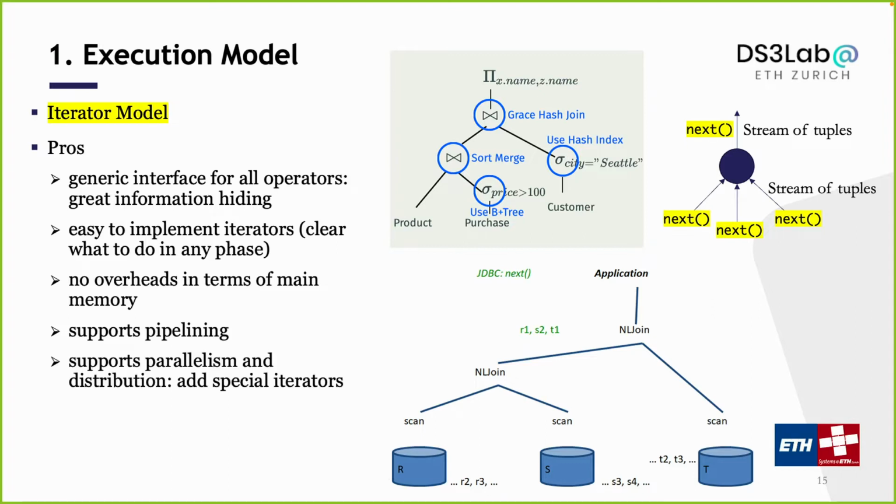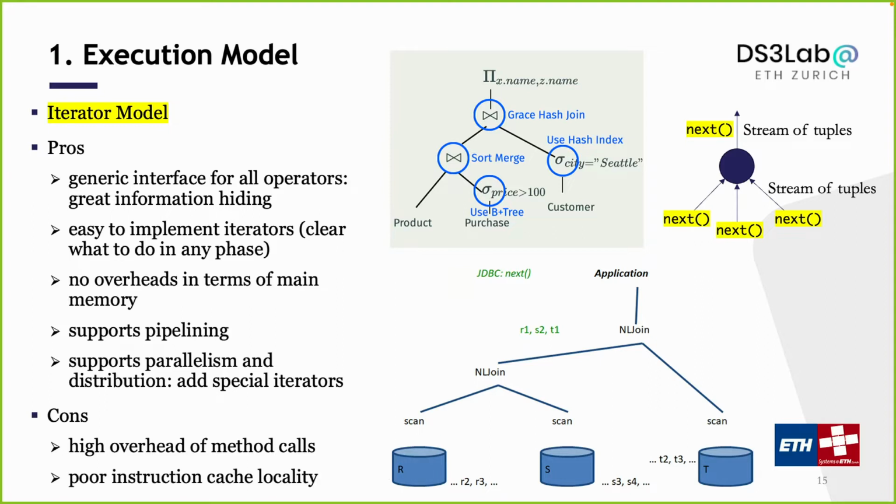And it supports parallelism and distribution, right? But the bad thing about this is every single time you want a tuple, you have a whole bunch of function calls in the system, right? You start from the next function call from the root, and then you propagate that. Every single time you go one layer down, you are actually making a whole bunch of function calls. That could be pretty slow. And another thing is the instruction cache locality could be pretty bad, right?